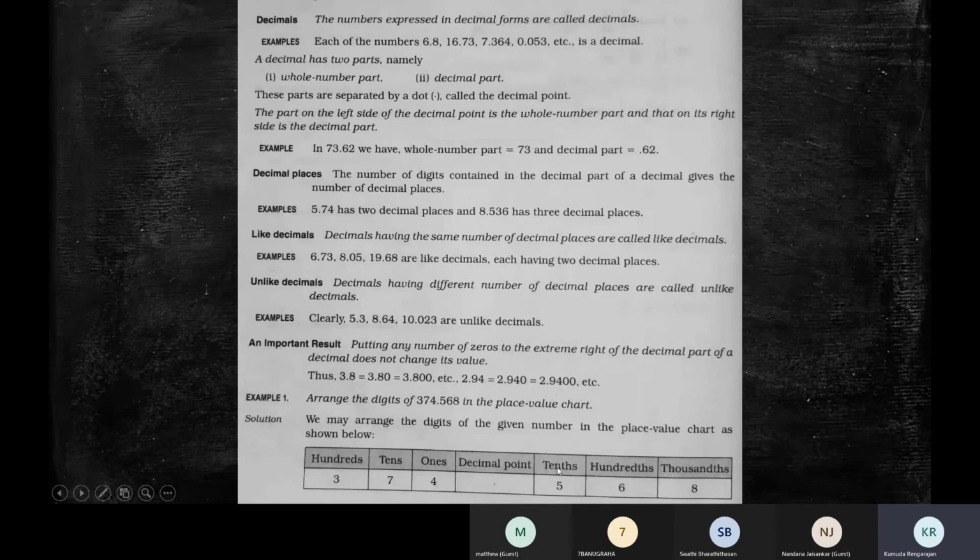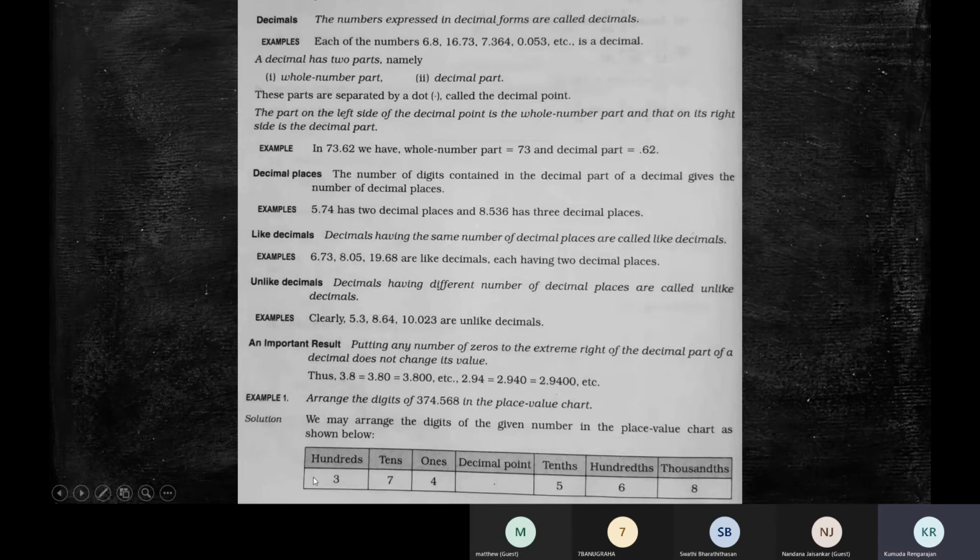Hundredths, you write 100 and then THS, the place value is 1 by 100. Thousandths, 1000 and then THS.